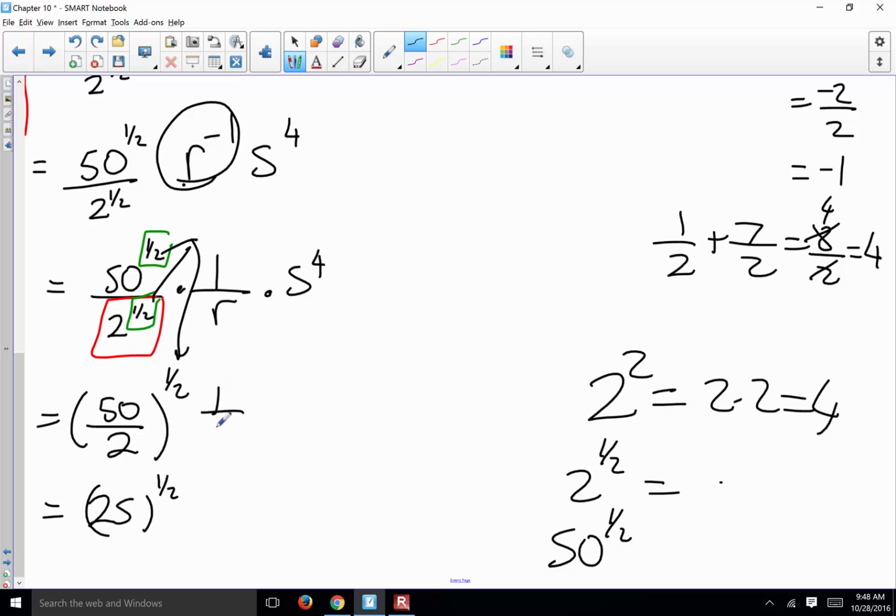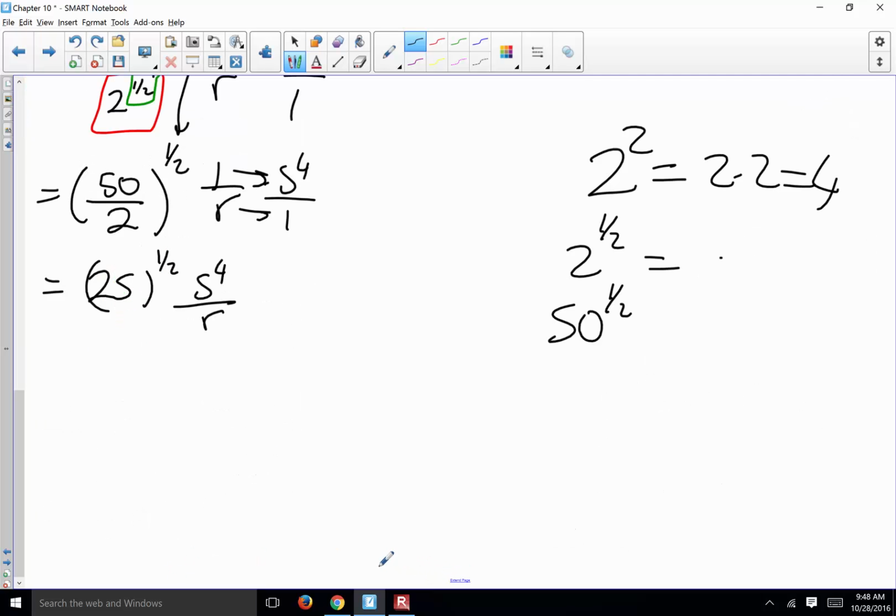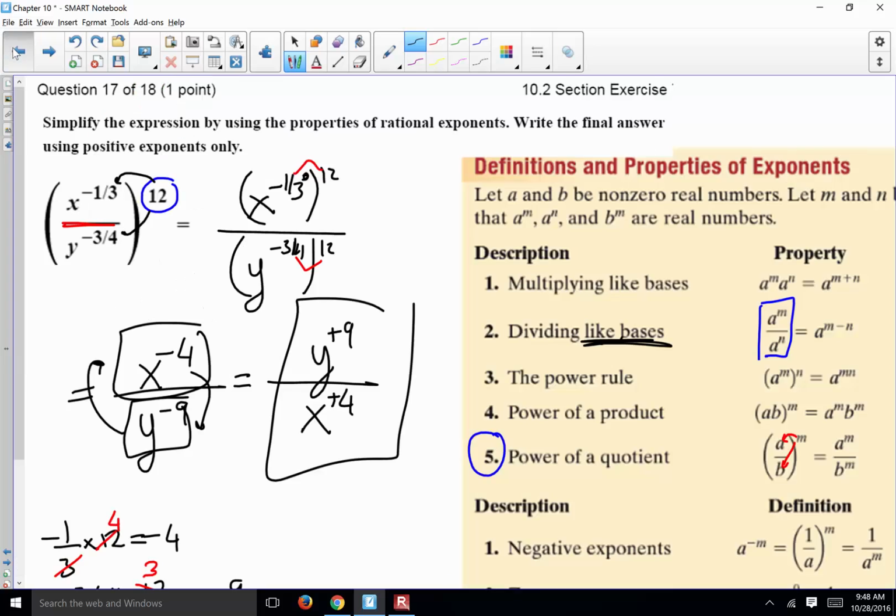We still have 1 over r and s to the 4 though. By the way, you can combine these as s to the 4 and r. Are we done? Now you don't have any more of these issues, but you have this one: can I compute 25 raised to the power 1 over 2? Go back to yesterday.